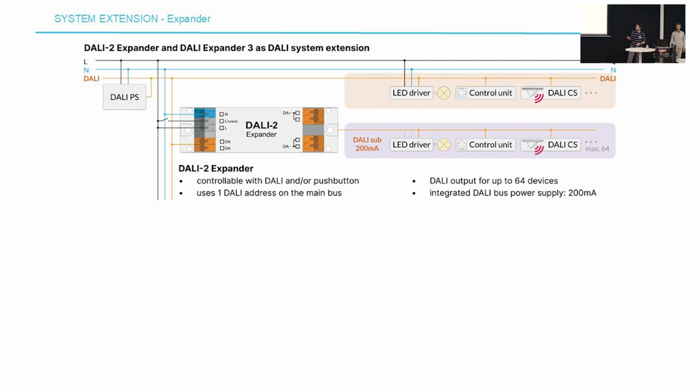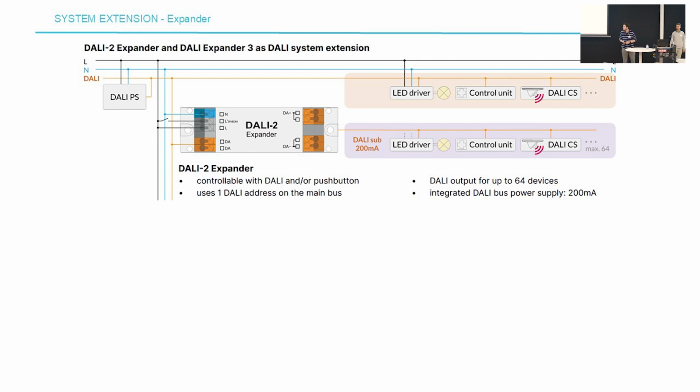And this is a unique bus, but it can communicate. But the main line can only communicate with the broadcasted line. So the expander broadcasts every command that is sent to it to its own DALI line on the right side.